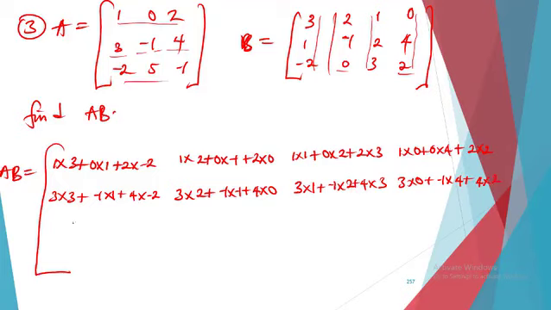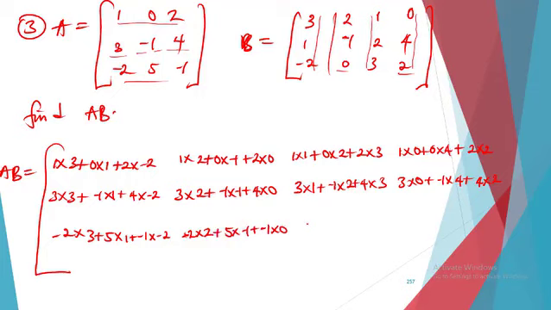Okay, then the last row, minus 2 times 3 plus 5 times 1 plus minus 1 times minus 2. Then for this we have minus 2 times 2 plus 5 times minus 1 plus minus 1 times 0.